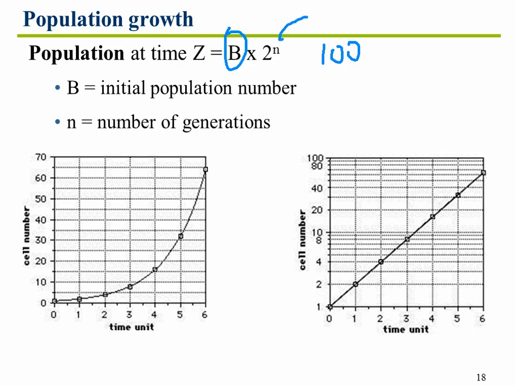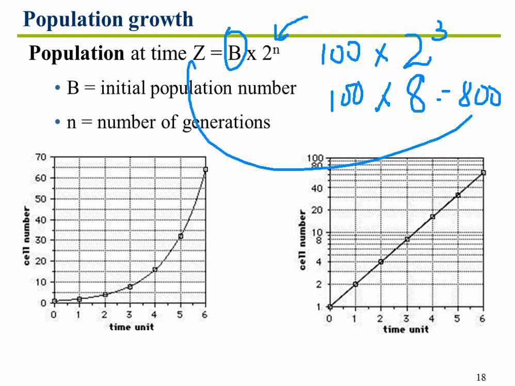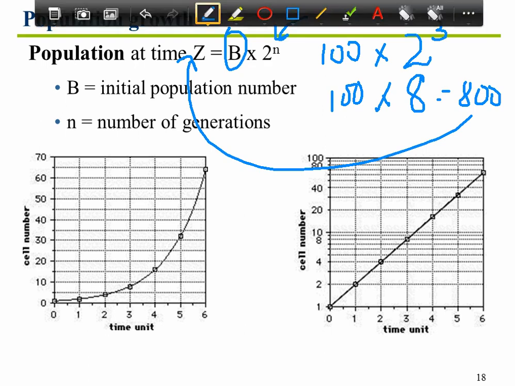Well, the small n right here is the number of generations. So times 2 to the n would be 3, 2 to the third is 8, multiplied by 100, you've got 800 cells. So after 3 generations, this 800 would be Z, that would be your end, you would have 800 cells. We'll do some examples of this work in class.